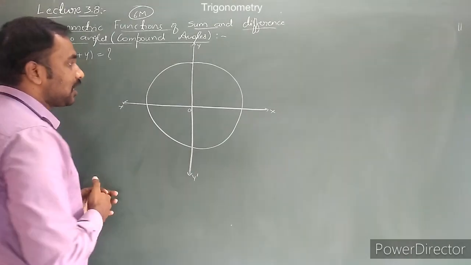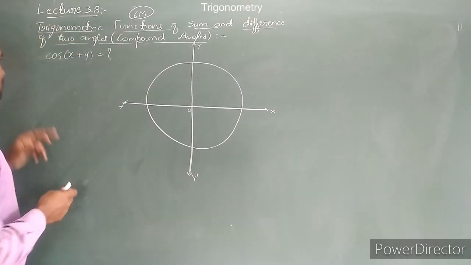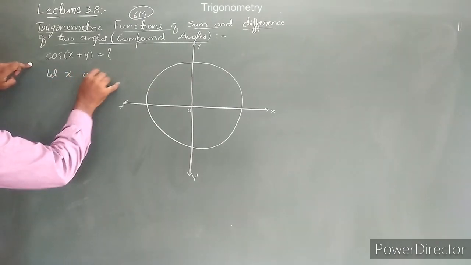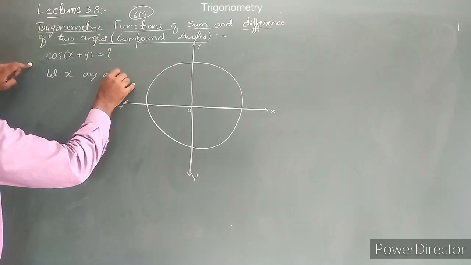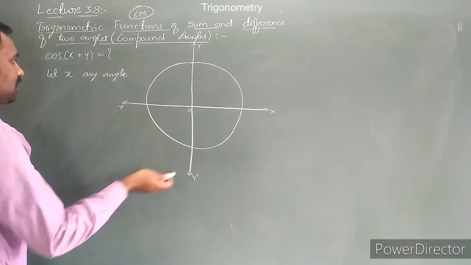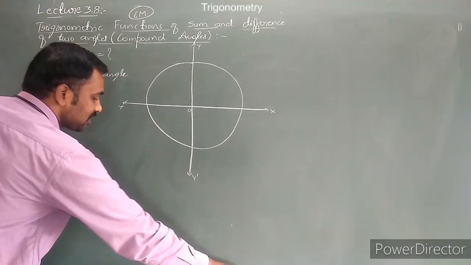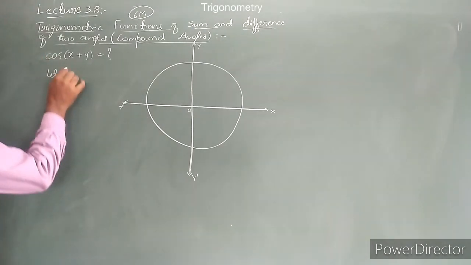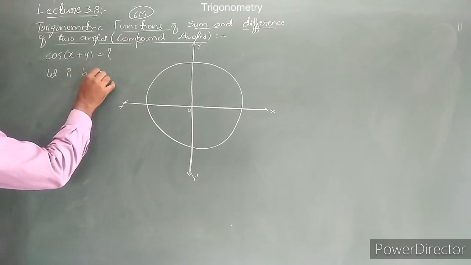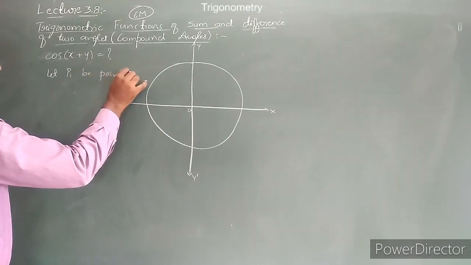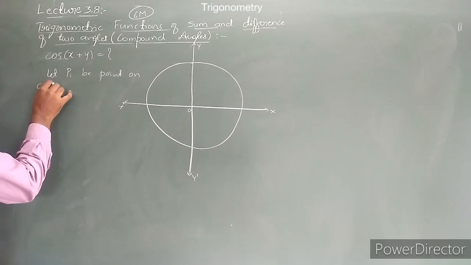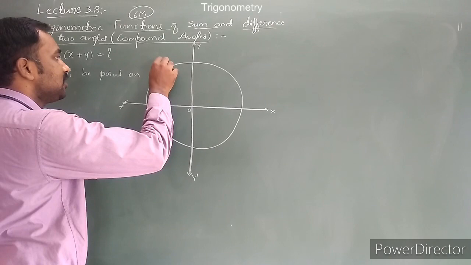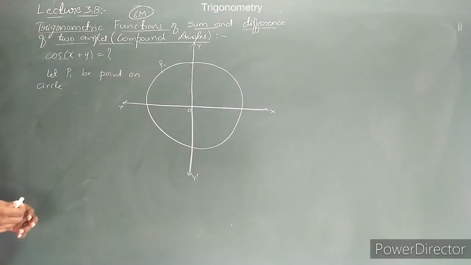Next, let x be any angle. Or, the other way we can say, instead of saying x, let P1 be a point on the circle. Suppose this is the point P1.